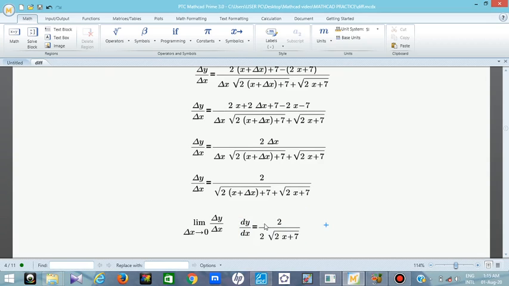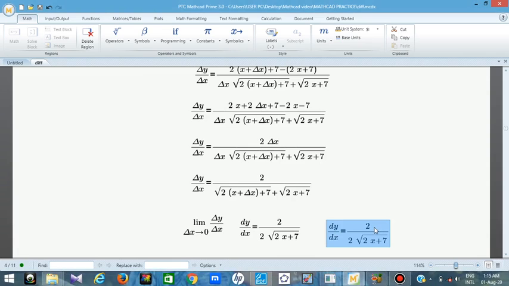Then because 2 can cancel 2, your final answer is going to be 1. This place is going to be 1 because 2 divided by 2 is 1. The final answer is going to be 1 over root 2x plus 7.